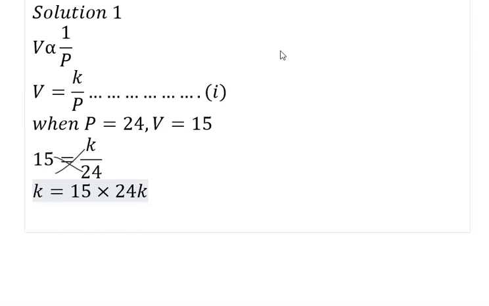Beautiful. So if you punch your calculator, you say 15 times 24, it will give you 360.